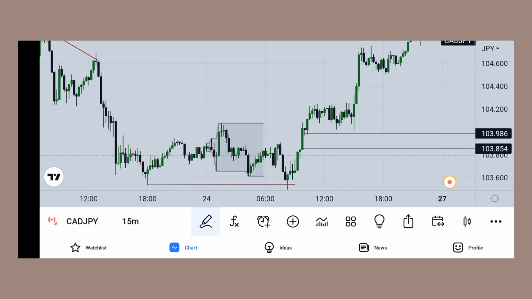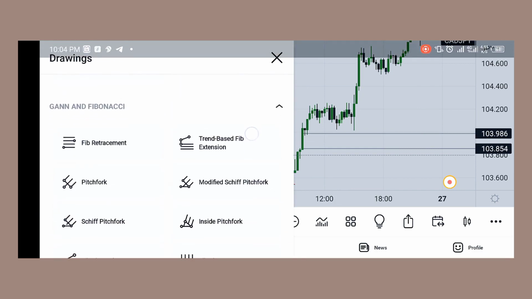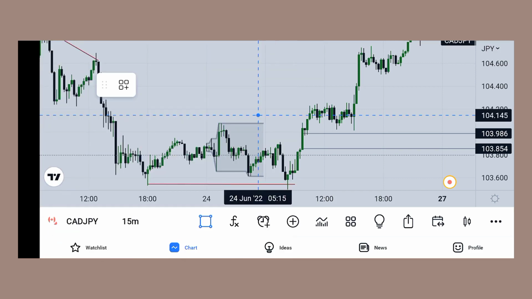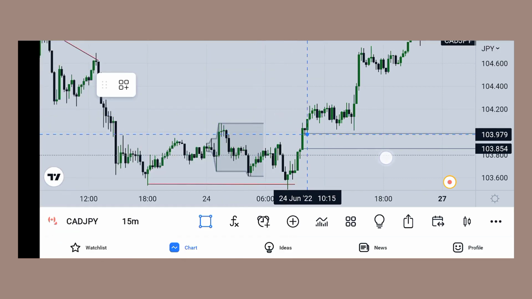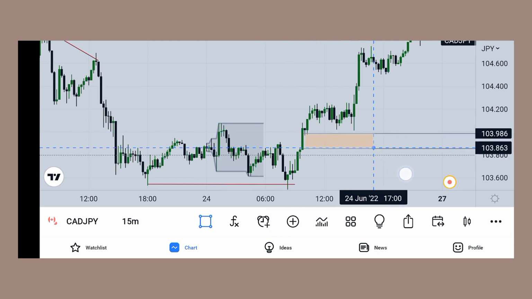So you can see a smart money trader, or actually an ICT trader, will be telling you that there's a point of interest down here.